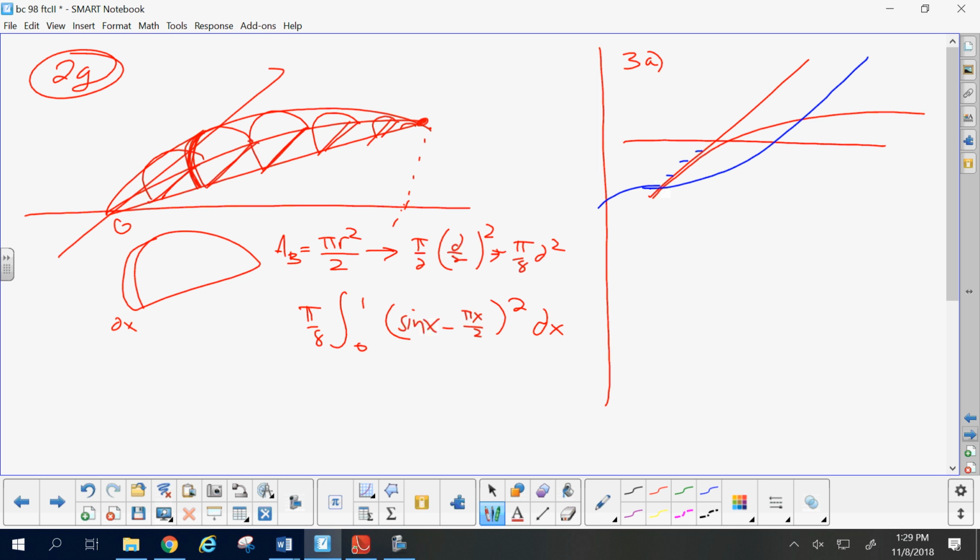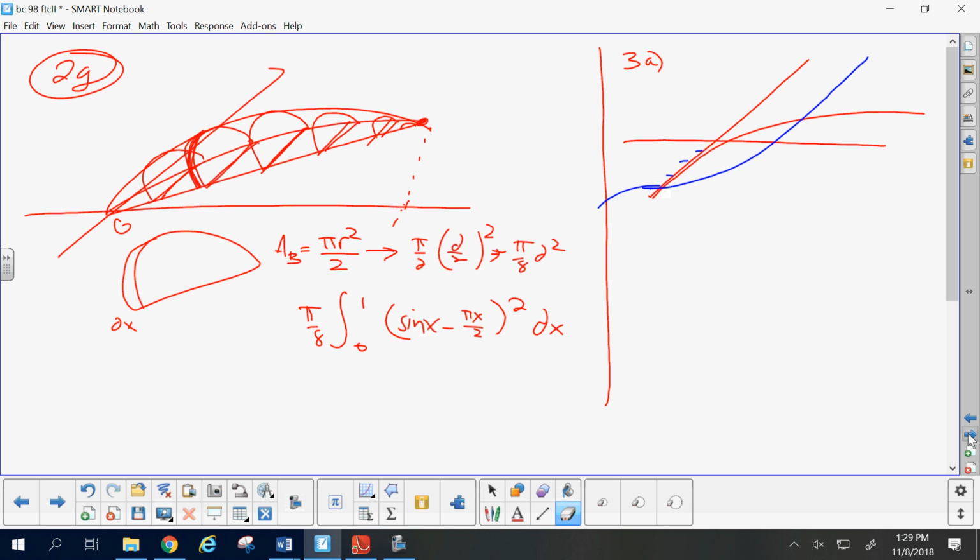For 2G, how did you get pi times x over 2? The function was 2x over pi. Oh, okay. Well, then it's... Oh, yeah. Did I do that? I think I put that in my calculator wrong. So you got something different for 2G.